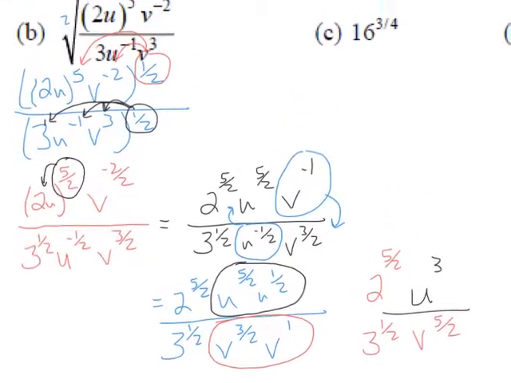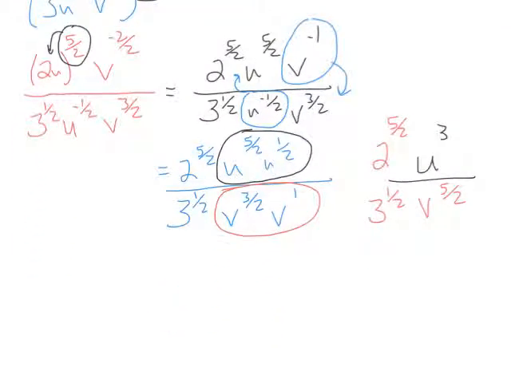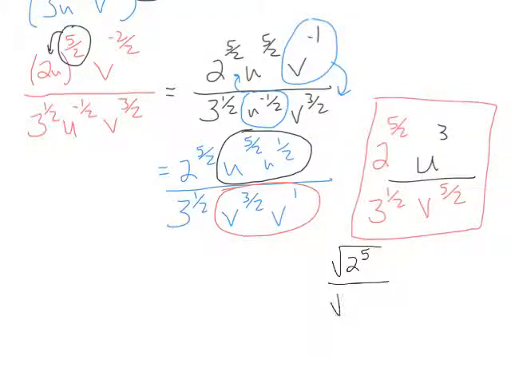I think that this is relatively close to simplified, though several people would argue we could simplify these numbers down a bit further. So let's try to do that. And this would require reintroducing the square root symbol. So what we really have is the square root of 2 to the 5th and the square root of 3 to the 1.